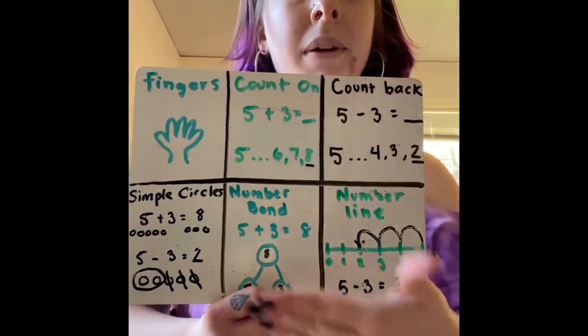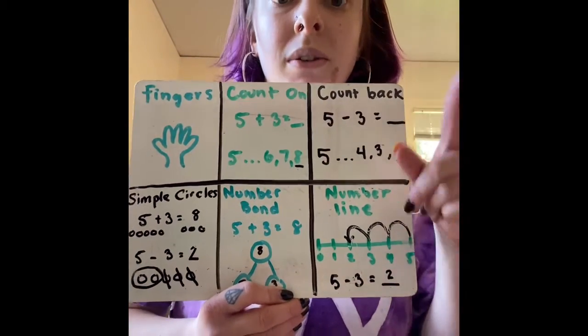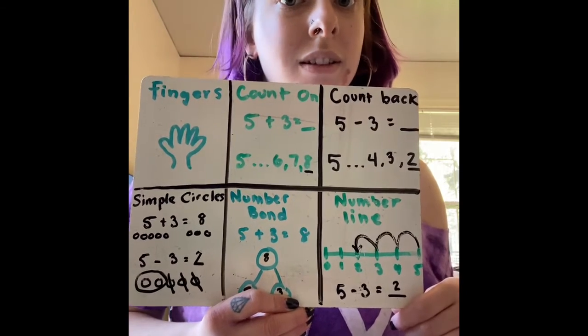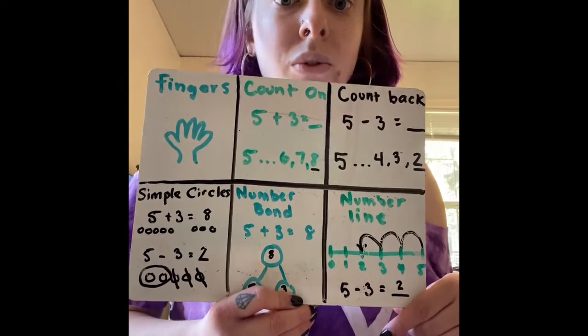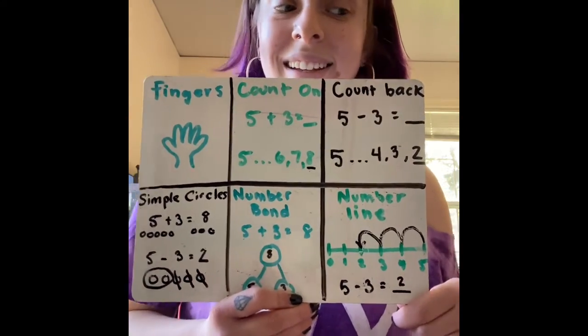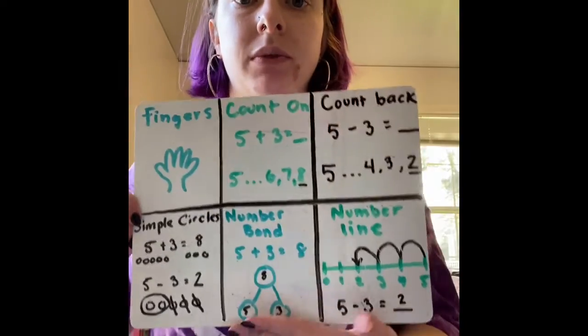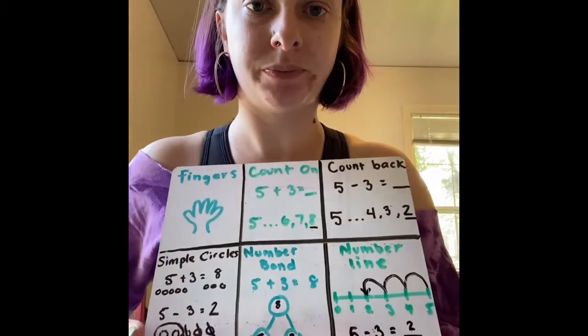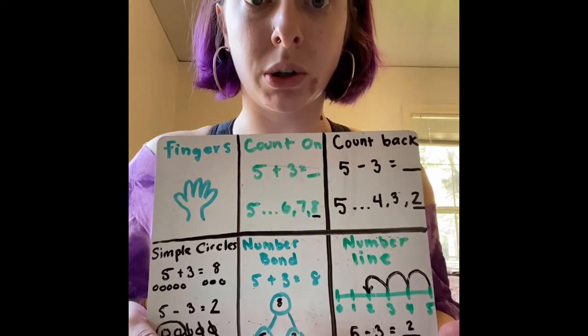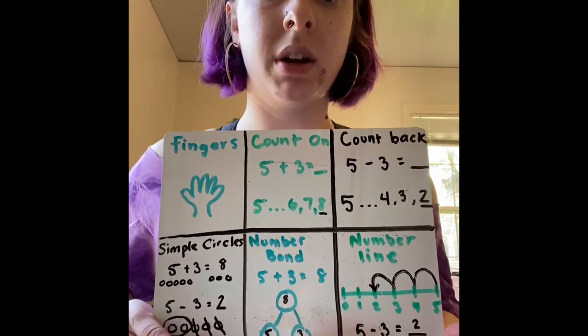So think about what strategy might be the most efficient for you that you might use, because you only have 10 seconds to look at it, and then you got to record your thinking, okay? Okay, let's get started. Okay, so from our 6 strategies, Miss Taylor is going to show you 5 different expressions on your recording sheet with your pencil or pen.